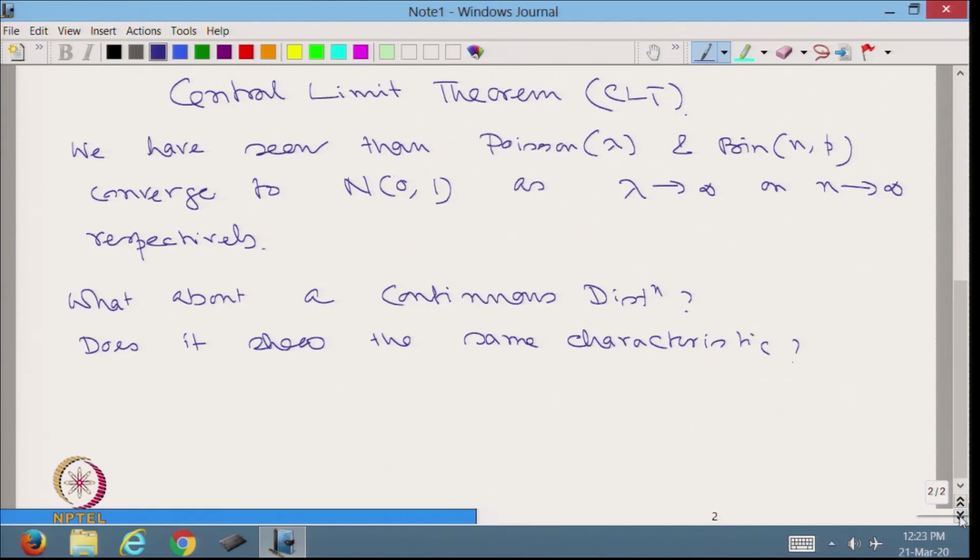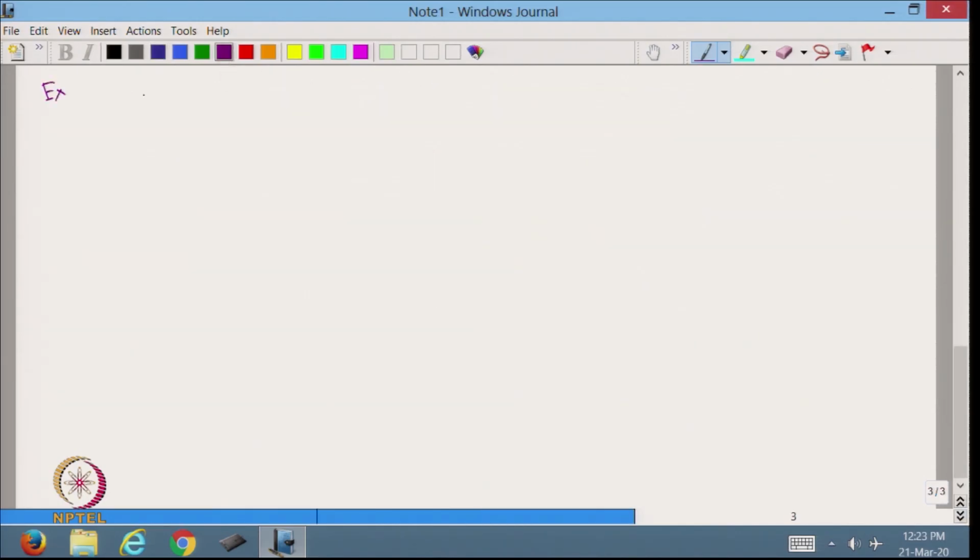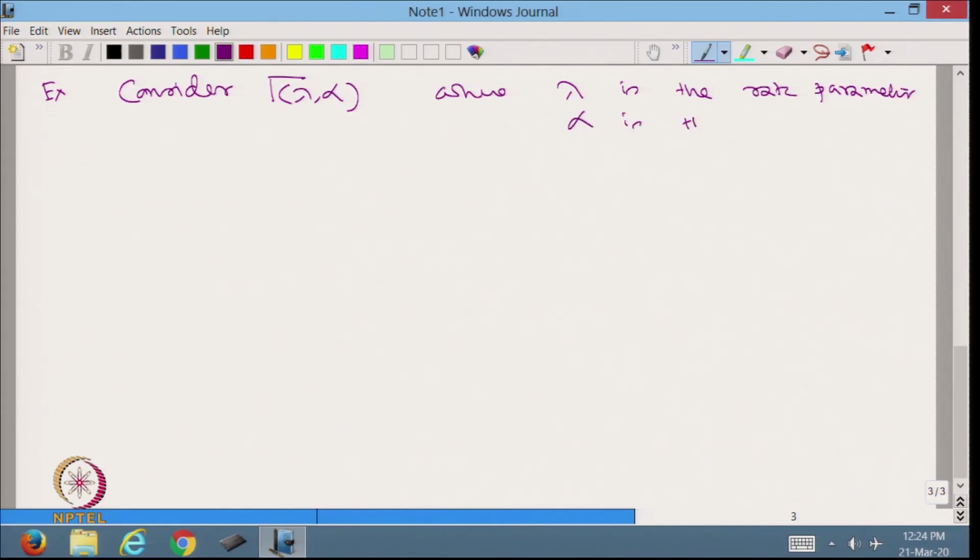That is the question. So, as an example, consider the gamma distribution with lambda, alpha, where lambda is the rate parameter and alpha is the count parameter.